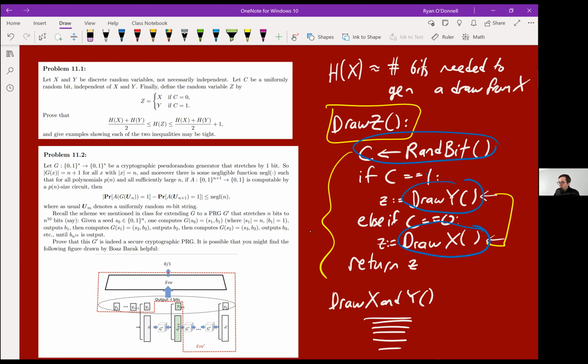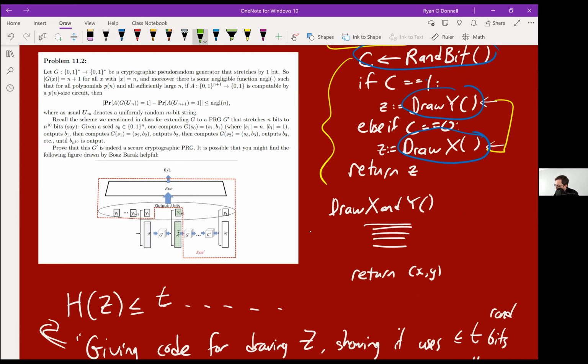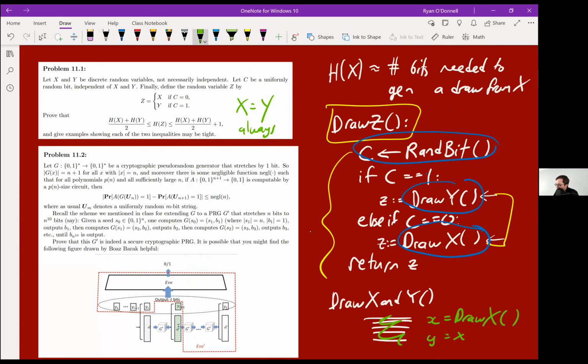For example, in a specific case, if X and Y happen to have the property that X is literally Y always, then drawing X and Y would just be: X equals a draw from X, then Y equals X, and return X, Y. Then indeed, you don't have to flip the coin. You can just call draw X, and this will have the right distribution.